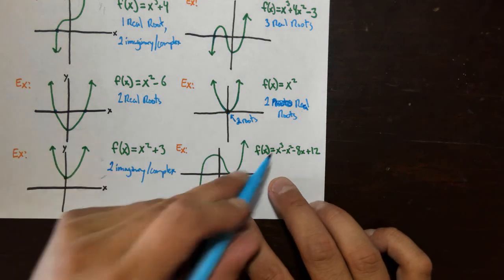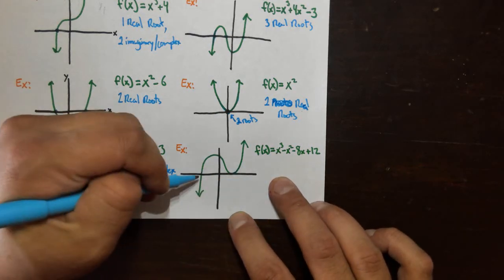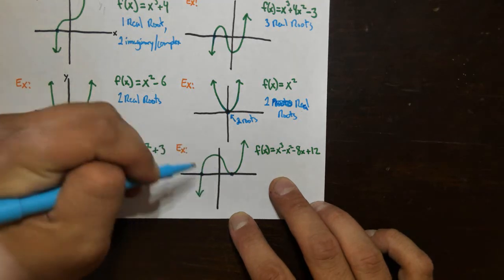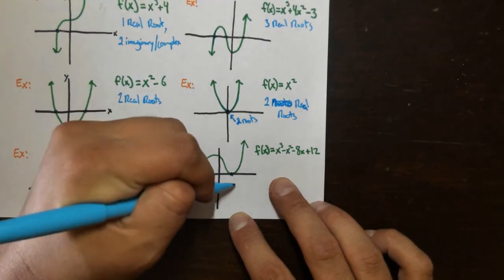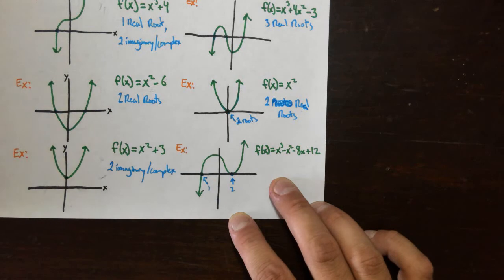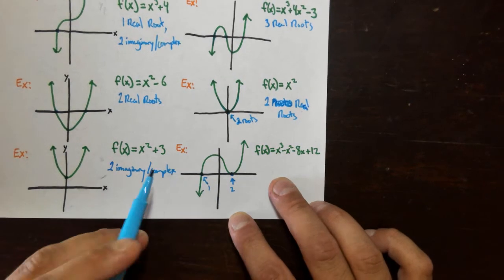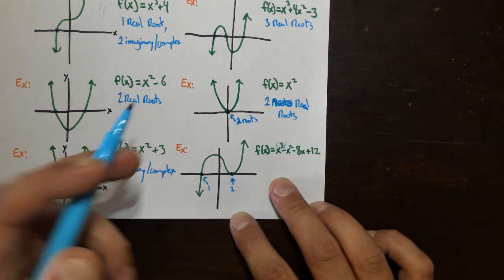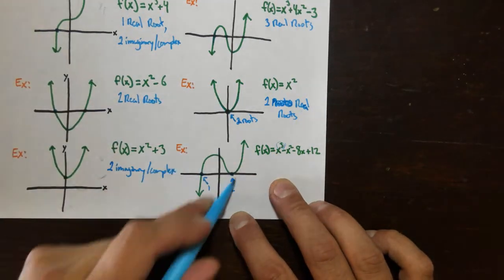Here, we have a cubic, and it looks like it crosses here once, and then it bounces here, so that means there's 1 root here and 2 roots there. So that's a total of 3 real roots, which means it's not going to have any imaginary roots, because this will have 3 roots. So all 3 roots in this example are real.